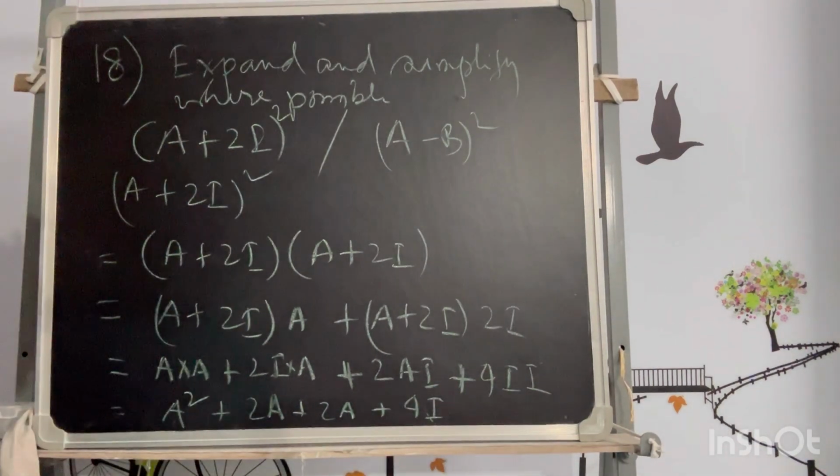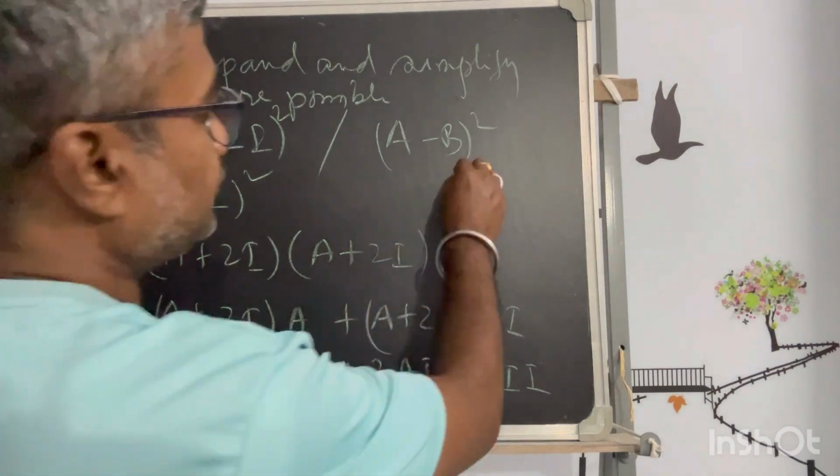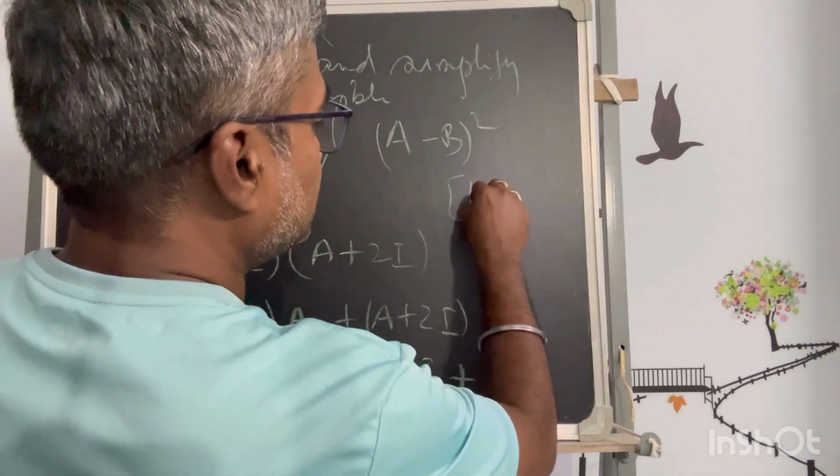Okay, so you can keep this as both the same, and then I into I will give the identity matrix. Identity matrix is something like that.